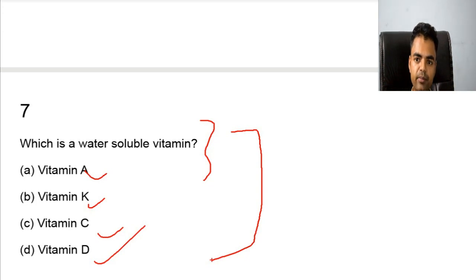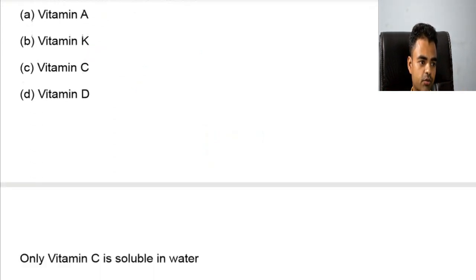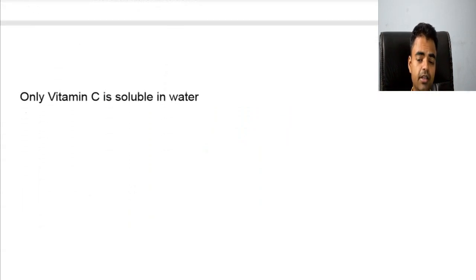So you have to study what vitamins are, what diseases are caused because of vitamins, and a few more properties of vitamins. If you are preparing for any competitive examination, questions from biology will come from vitamins, so this is one of the most important topics. The answer for this question is vitamin C, which is soluble in water.